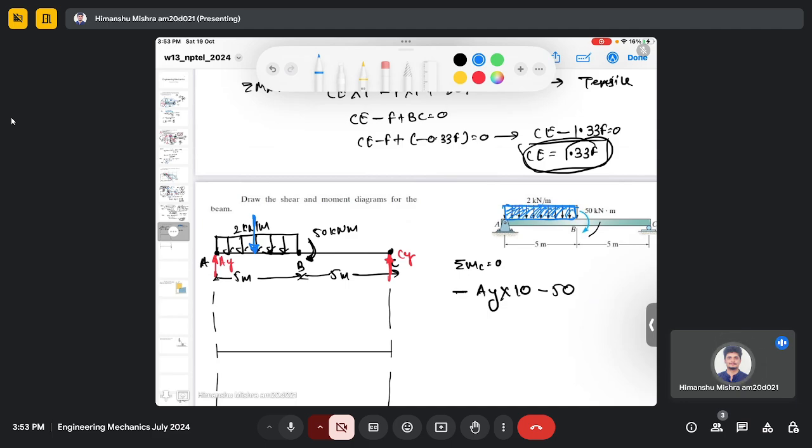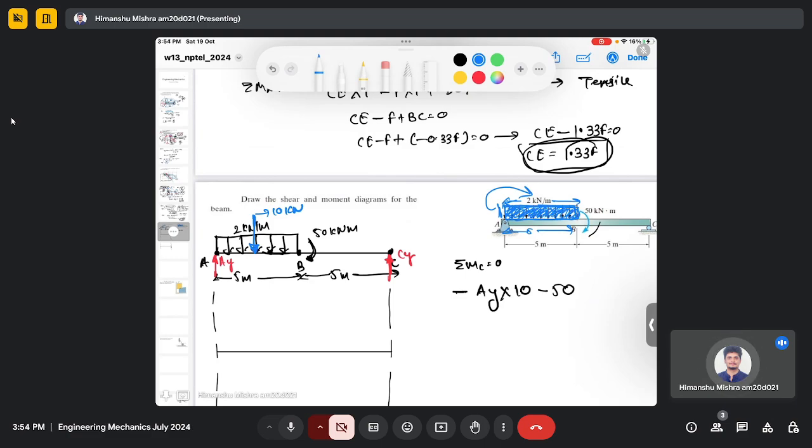If you calculate the area of this uniform load, you get the resultant point load. This is 5 and this is 2 kilonewton per meter, then the resultant point load will be 10 kilonewton. It's like calculating the area of this shaded region, right?